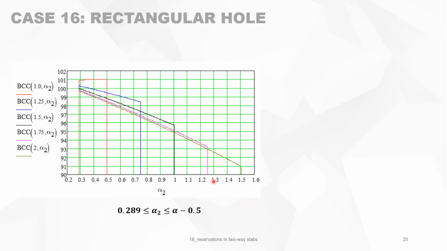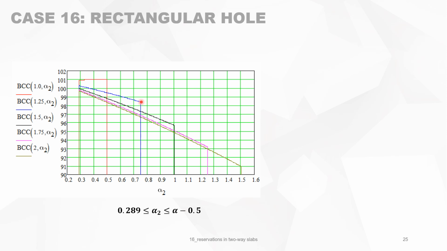We make a graph with alpha 2 on the x-axis. We know the limits are between a lower and an upper limit, so it depends on alpha. Let's look at alpha is 1.25, the blue curve. You see the bearing capacity on the y-axis, this blue line.